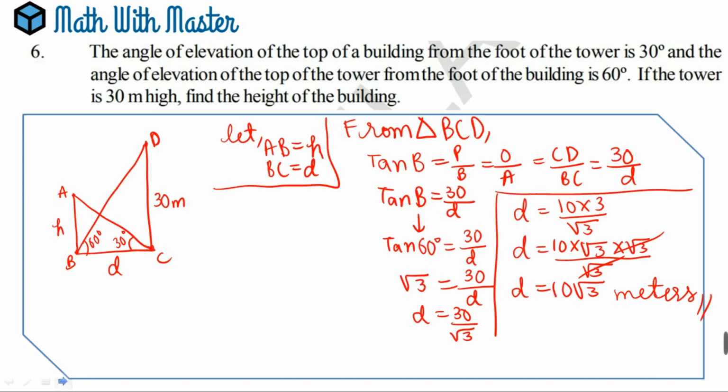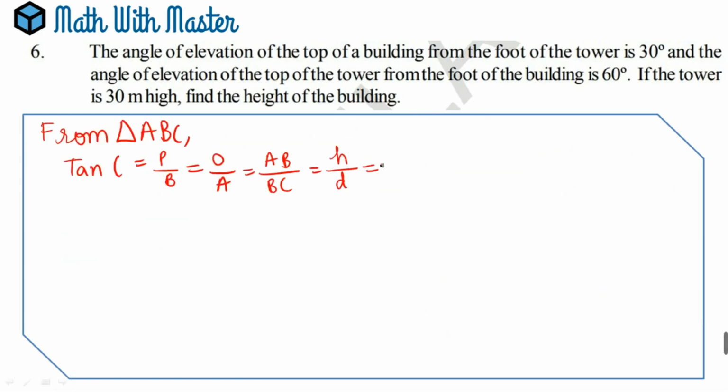It is 10 into root 3 meters. So H upon 10 into root 3. So tan C is equals to H upon 10 into root 3.